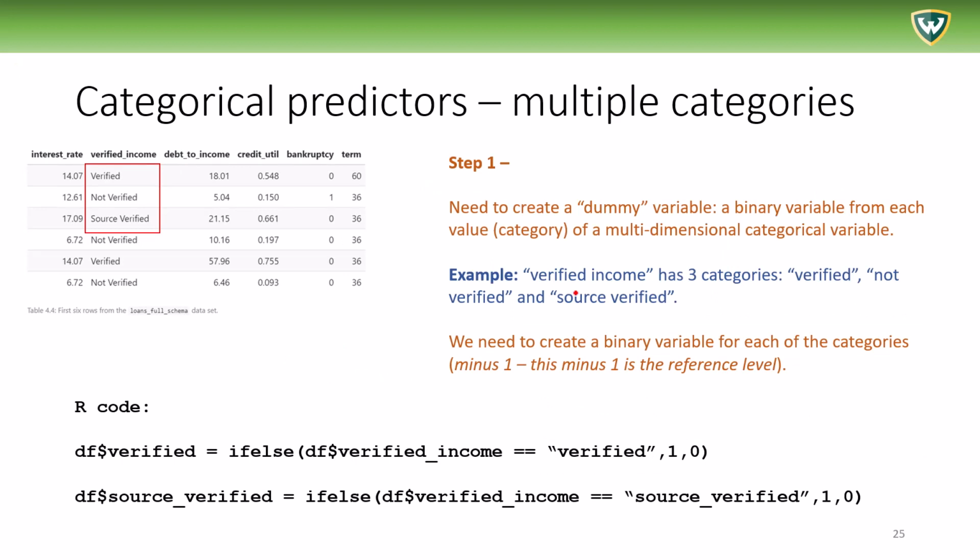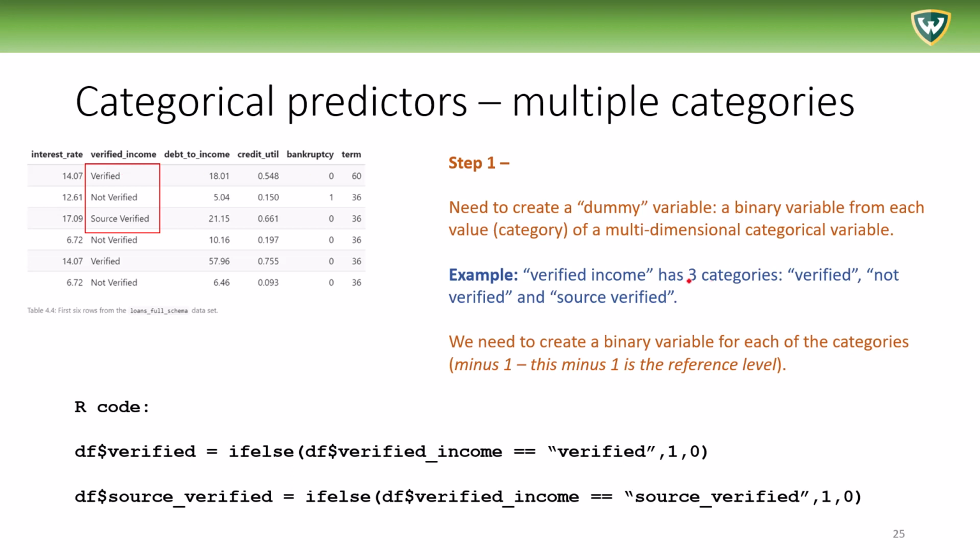Essentially, there are two steps that we need to do. One is we need to create a dummy variable, a binary variable, from each category of a multidimensional categorical variable. By that I mean a categorical variable that is not just yes or no, that has more than two possibilities.